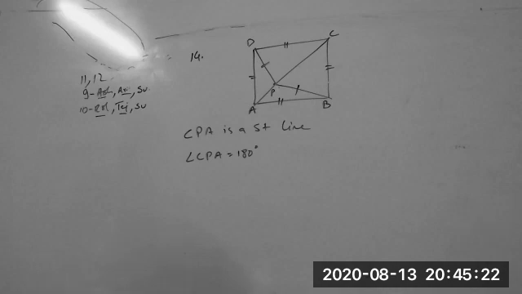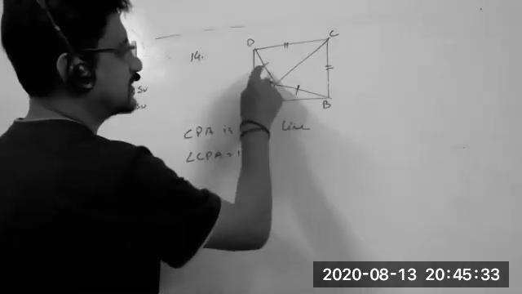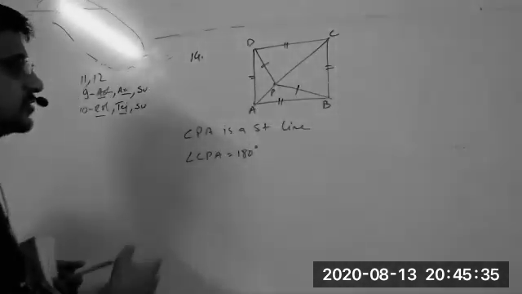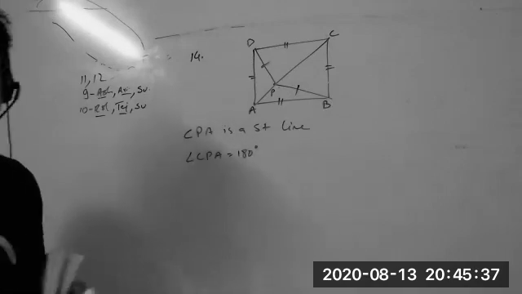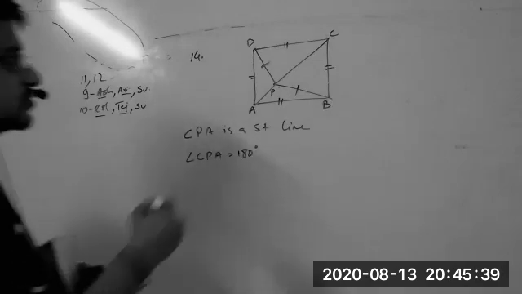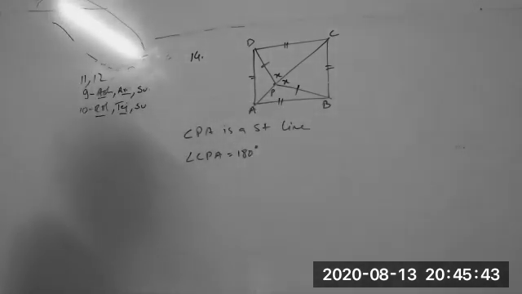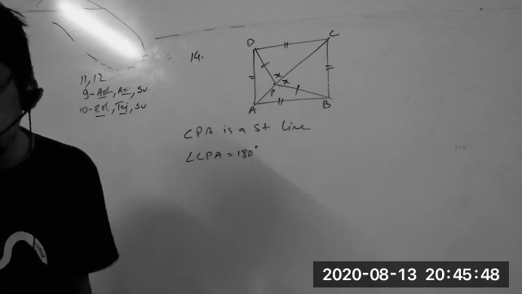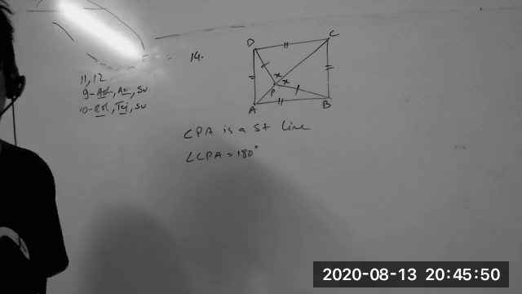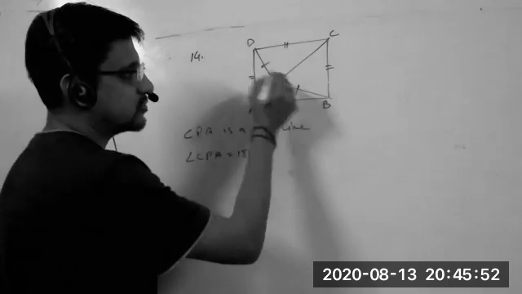CP is equal to CP, common. And PB is equal to PD, given. So this is equal to this is equal to this, and this is common, so these two triangles are congruent. So this is X, so this is also X, by CPCT.